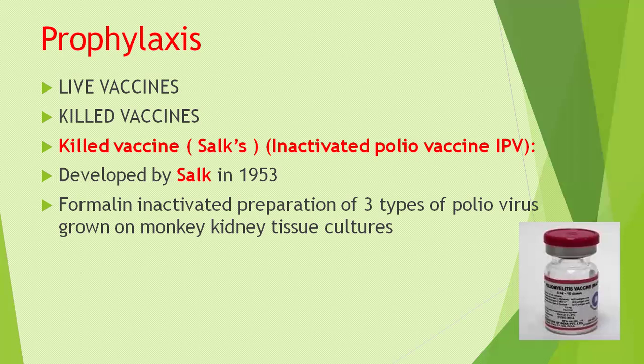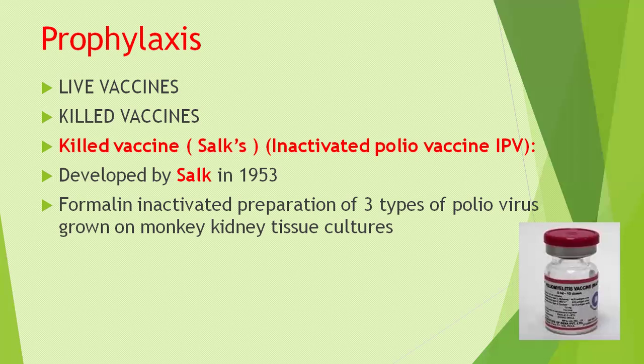In the case of live vaccine, they induce local immunity, which means they produce secretory IgA antibody, and they also produce humoral antibodies, IgM and IgG. So with live vaccines, three antibodies are produced: IgA, IgM, and IgG. With killed vaccine, only two antibodies are produced, that is IgM and IgG.